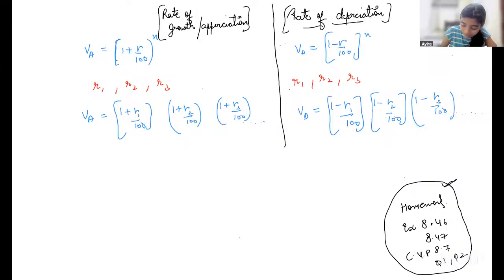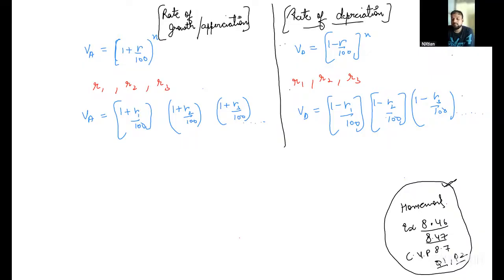So 1 minute, I'm writing down the rate of depreciation. You wrote the homework also, Ira?